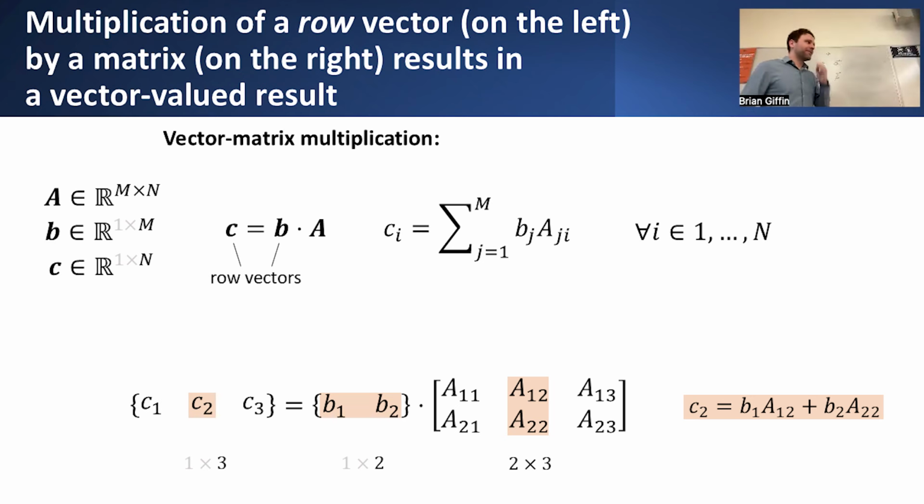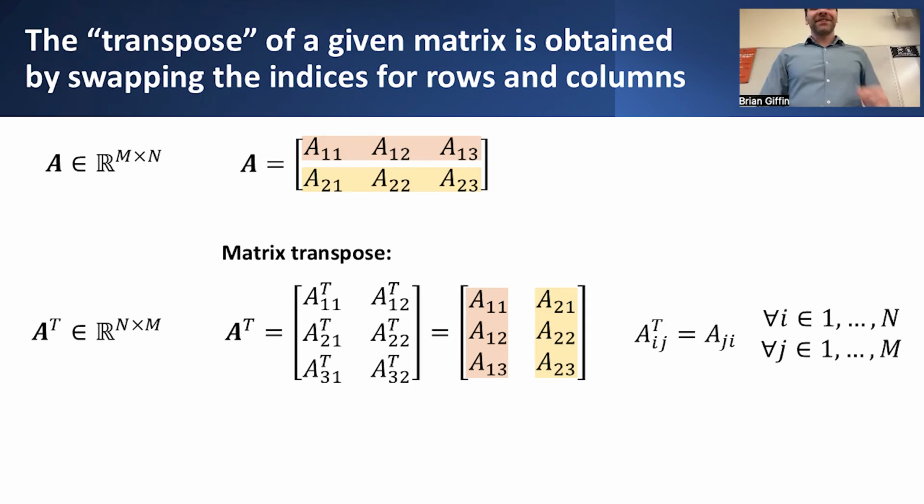All right, straightforward. And again, we have to have consistency. There has to be the same number of components in this vector, 2 in this case, as there are rows in this matrix. Okay, so that's matrix vector multiplication and all those different things.